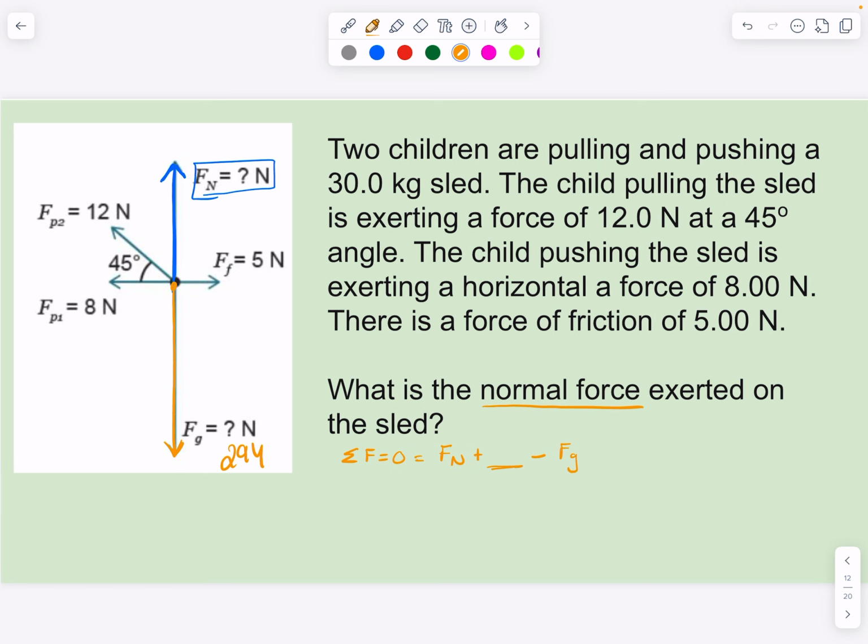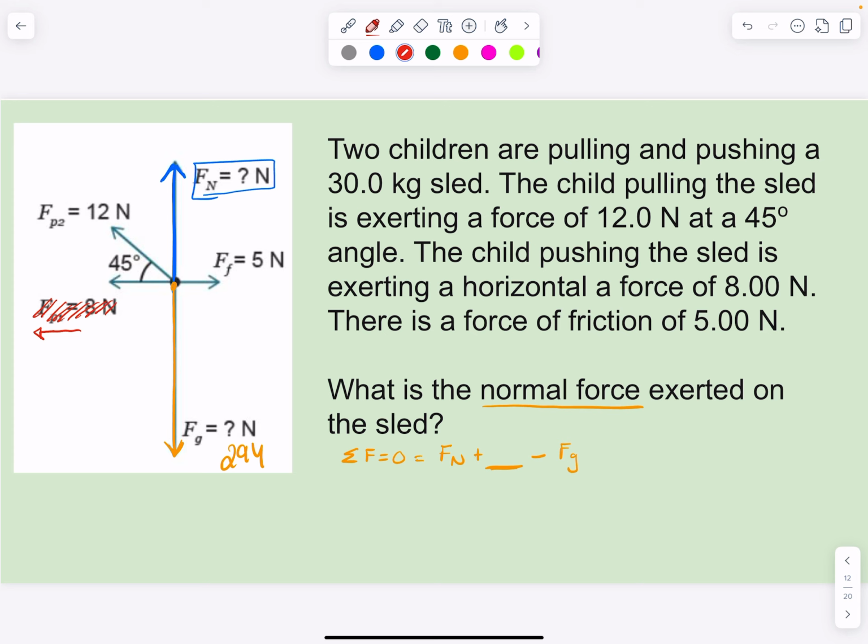This other value is really the key component of this part of the problem. Because if I look over at my people that are pulling and pushing, person number one is pulling or pushing in a pure horizontal direction. So there's nothing vertical about that. So I don't even have to worry about person number one in this part of the problem.